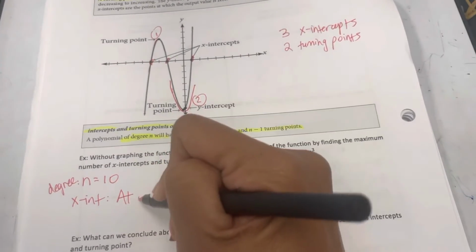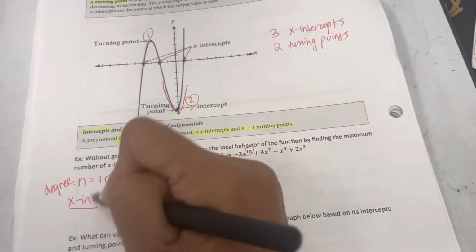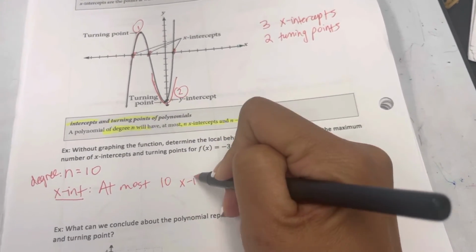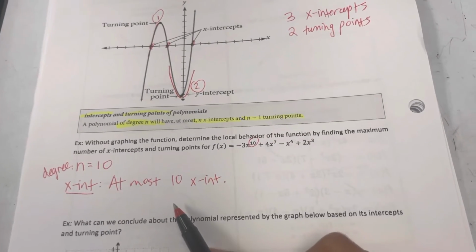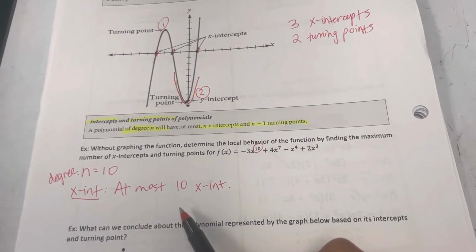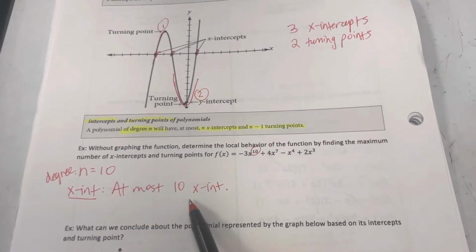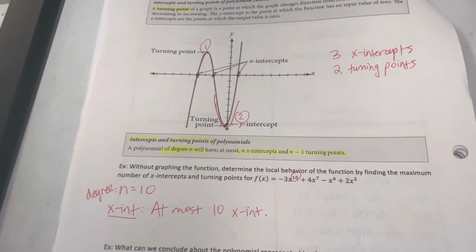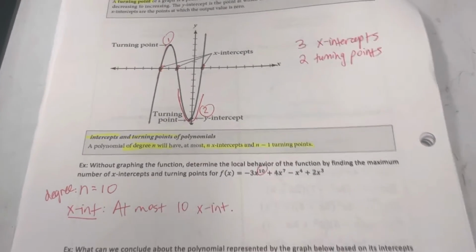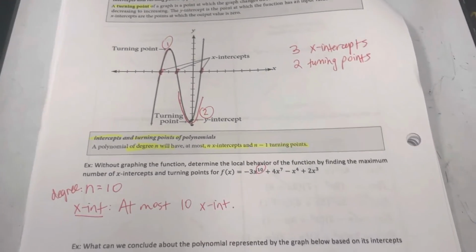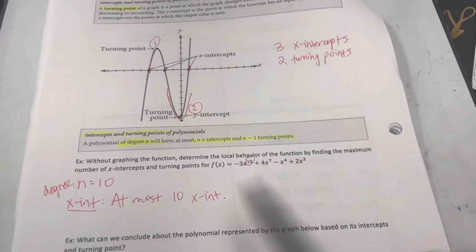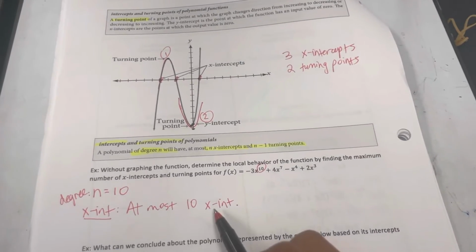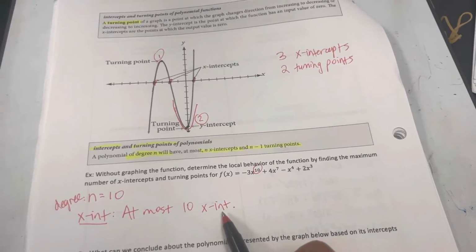So at most 10 x-intercepts. So can I have 9? Yes. If it says at most 10, that means it could have 9, 8, 7, 6, 5, 4, 3, 2, 1. Can I have 11? No. Can I have 10? Yes. So anything from 0 to 10. So at most 10 intercepts.